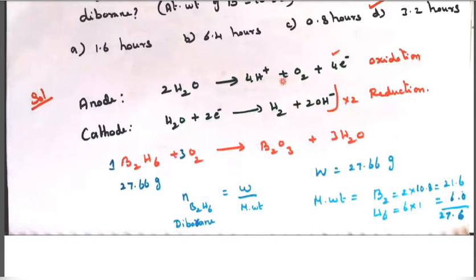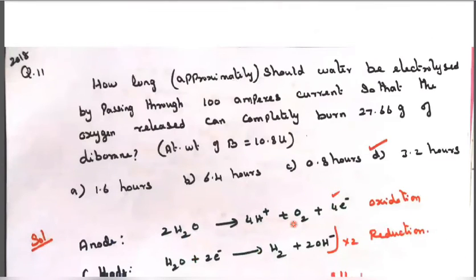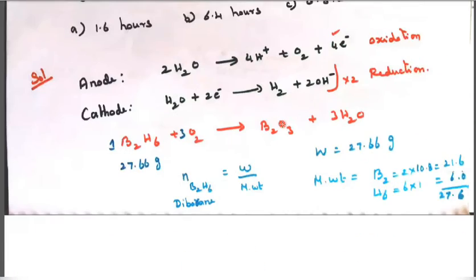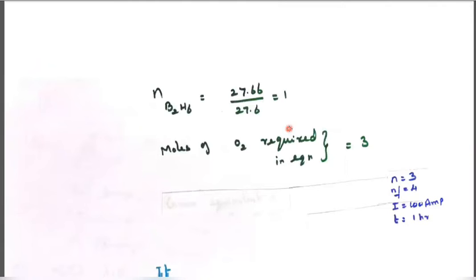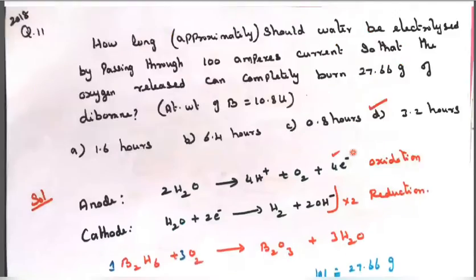Here you see 4 electrons, and this 2 electron reaction is multiplied to give 4 electrons. Number of moles of diborane is equal to 1, and because of this, the required number of moles of oxygen is 3, so that the oxygen required can completely burn it. So the oxygen required for 1 mole of diborane is 3. The answer is 3.2 hours.